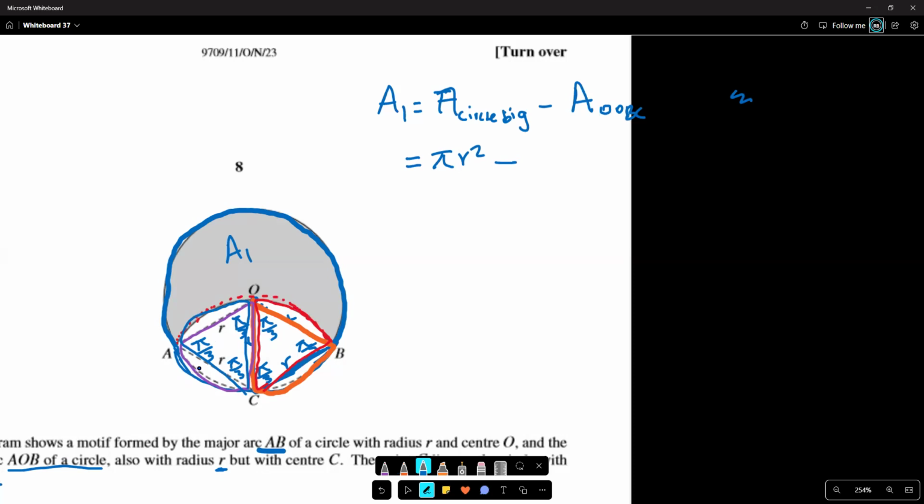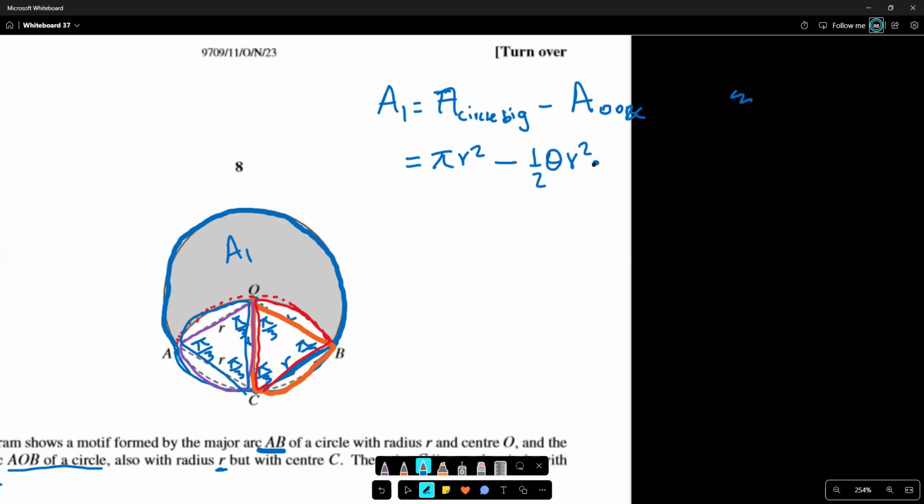But I'll show you something there. We need to be careful. This guy here, the area of this triangle is calculated twice for the red and the orange. So I'll need to minus this area. And I'll also need to minus it here again, right? So now let's do that. Remember, the formula of the area of a sector is basically half theta r squared.